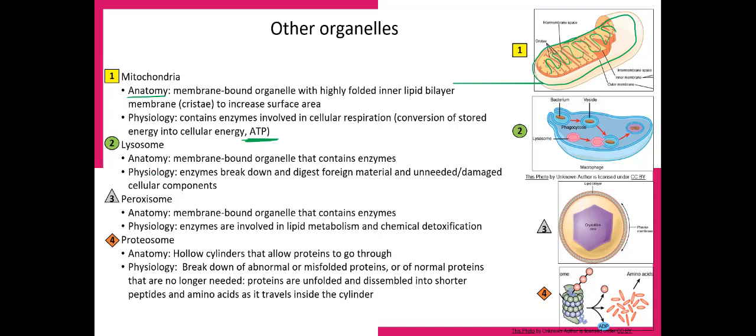The second organelle is a lysosome. Again, the lysosome is surrounded by a lipid bilayer, and inside the lysosome there is a bunch of enzymes, and the function of these enzymes is to break down and digest foreign material or unneeded and damaged cellular particles.